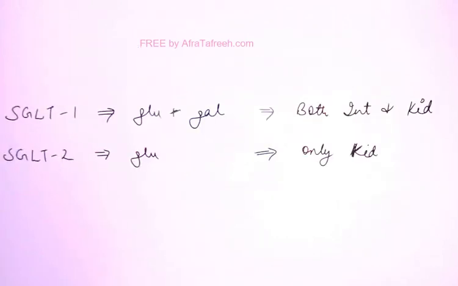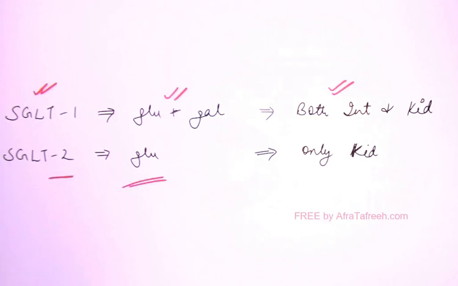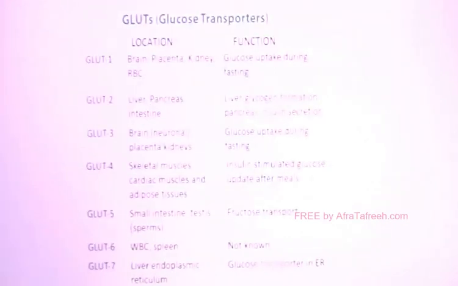Now this active transport, SGLT short form, is of two types, SGLT type 1 and type 2. SGLT1 is for the transport of both glucose and galactose, and it is present in both intestine and kidneys. But SGLT2 is only for the transport of glucose and present only in kidneys. Now let's do the detail of facilitative transport, that is GLUTs.